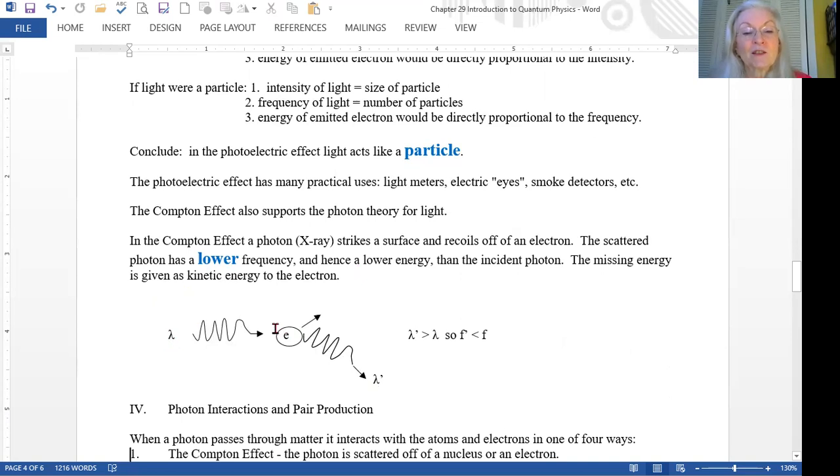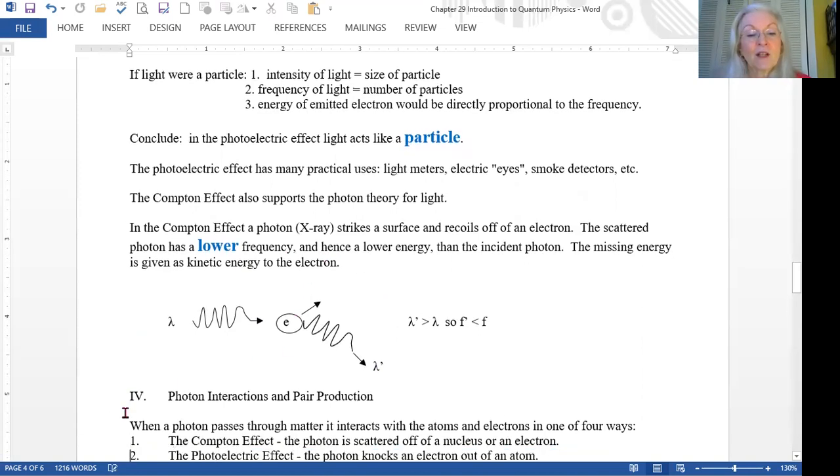You can think of it as a little bit like two pool balls hitting each other. So the electron recoils off and goes over this way. The photon or X-ray recoils off. But the funny thing is that the wavelength of the recoil photon is different from the wavelength of the incident photon. And that end result, again, supports our particle theory of light.